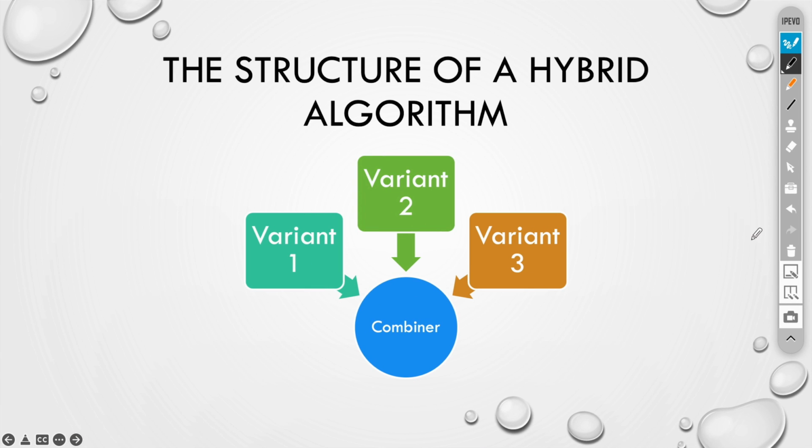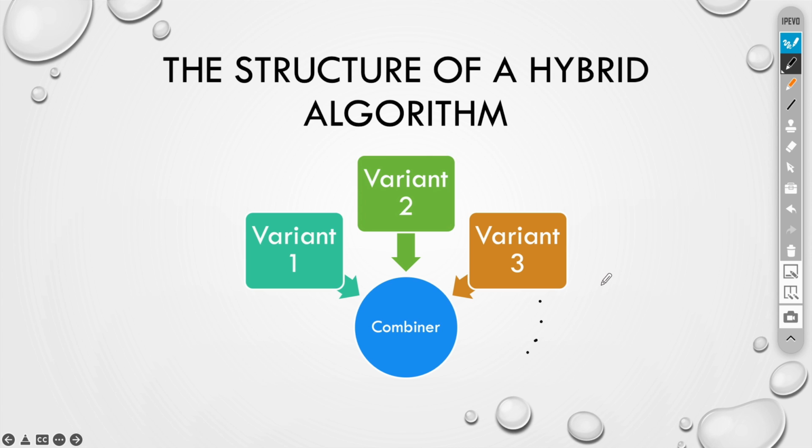Here is the structure of a hybrid algorithm. It is consisted from different variants or strategies if you prefer. All of these solve the same problem and provide the results to a combiner. The benefits of structuring your algorithm in this fashion is exactly that you don't need to worry when to use variant 1 and when to use variant 2 or 3 and so on.